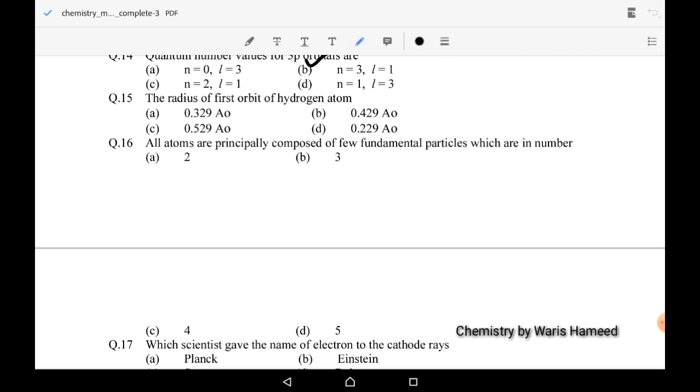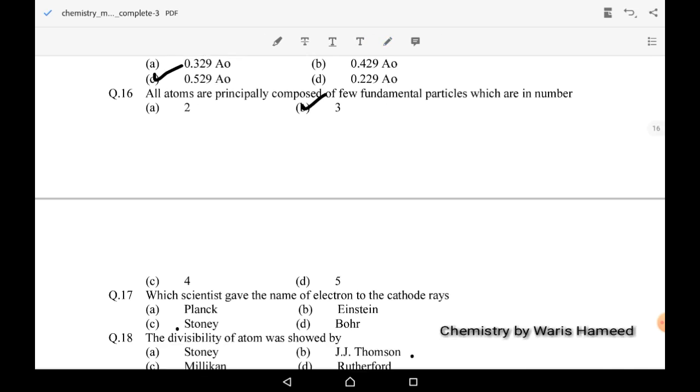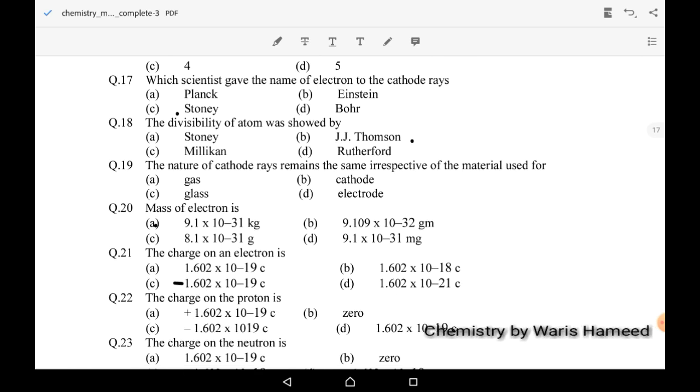MCQ 16, all atoms are principally composed of a few fundamental particles which are three in number: electron, proton and neutron. Which scientist gave the name of electron to cathode rays? It's Stoney.